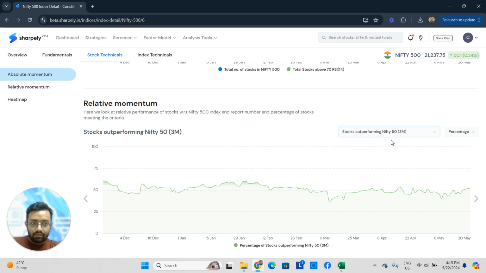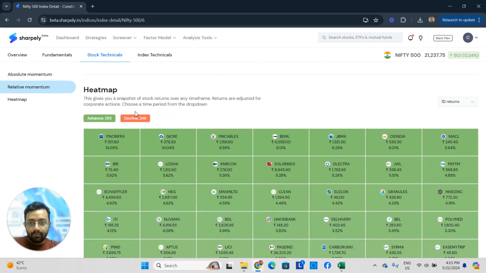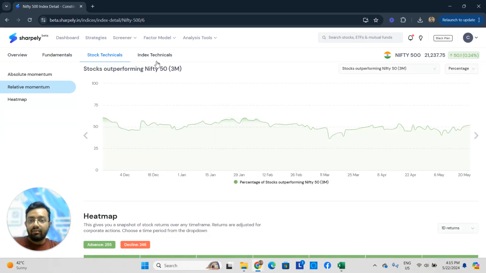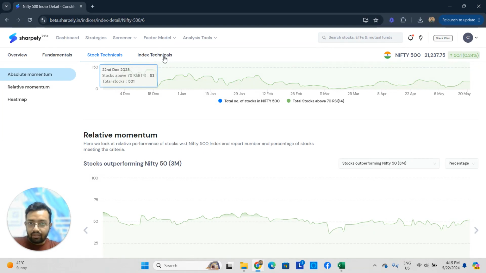So as you can see, the data changes once you change this. Again, you can look at the percentage or actual number as well, and then the heat map of the index constituents. So you can look at 1 month, 3 month, 6 month, 1 year data and generate the heat map for the same. And then we have this index technicals.